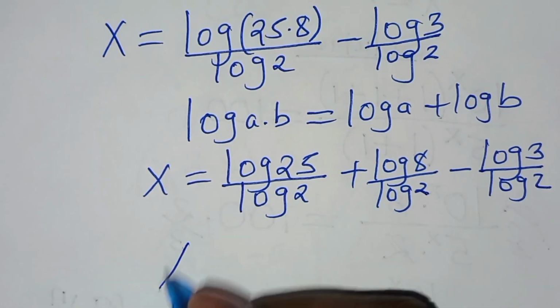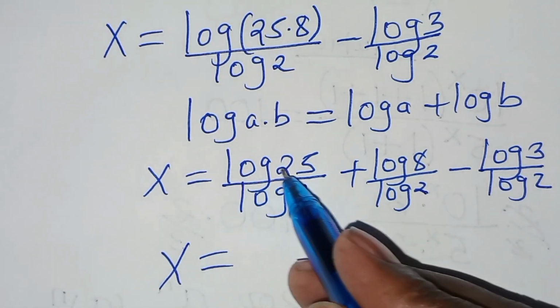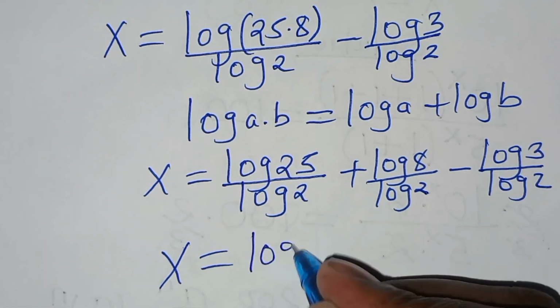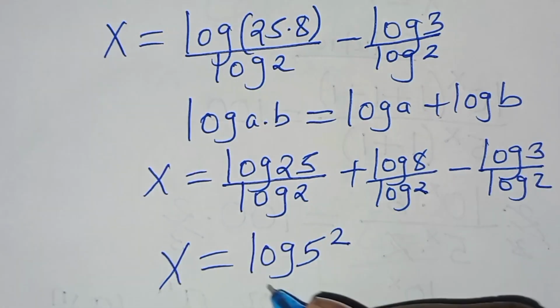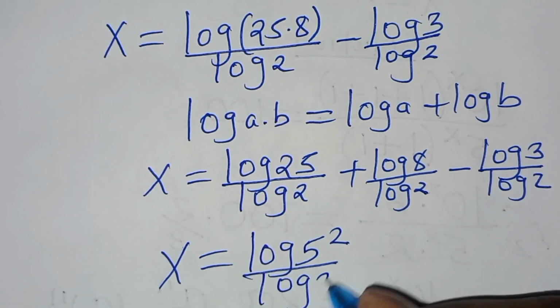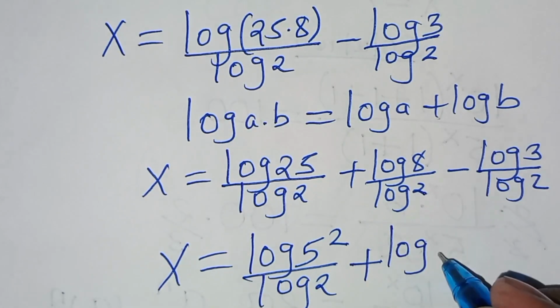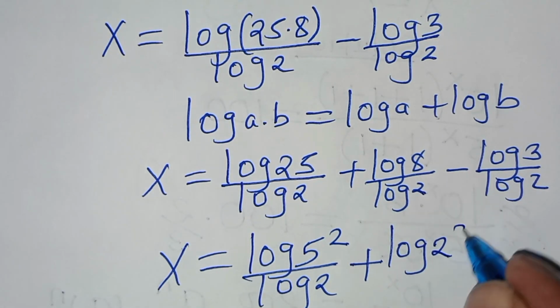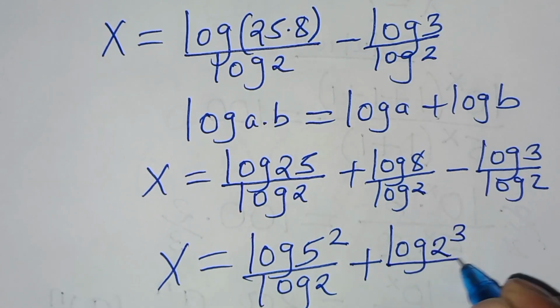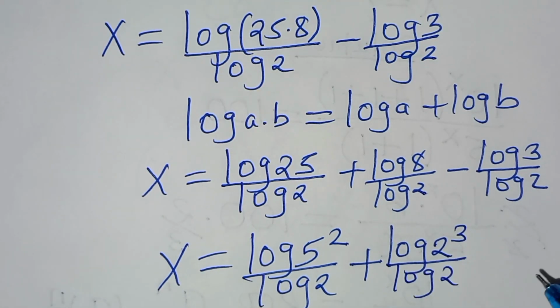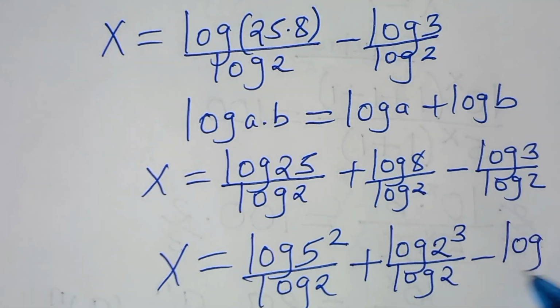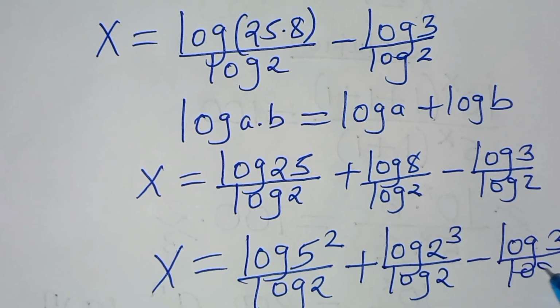So here we have x is equal to, we can express log 25 as log 5 to the power 2 divided by log 2 plus log 8, which we can express as 2 to the power 3, that is log 2 to the power 3 divided by log 2, subtract log 3 divided by log 2.